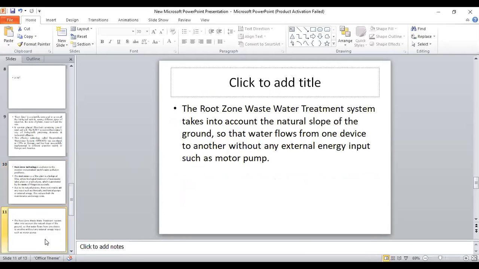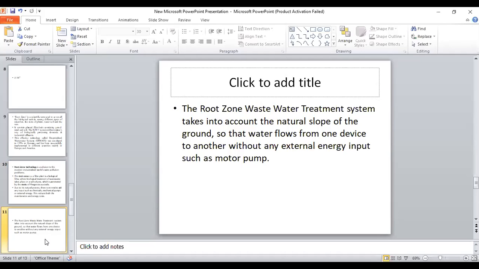Next, the root zone wastewater treatment system takes into account the natural slope of the ground. So the water flows from one device to another without any external energy input such as a motor pump. Or while constructing itself, we can provide the proper slope towards the end, so the water flows naturally towards the end.